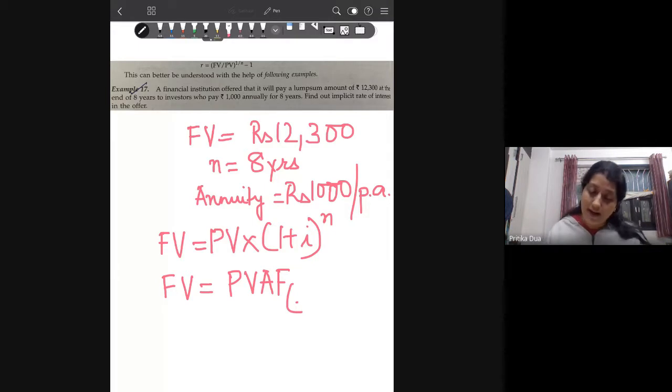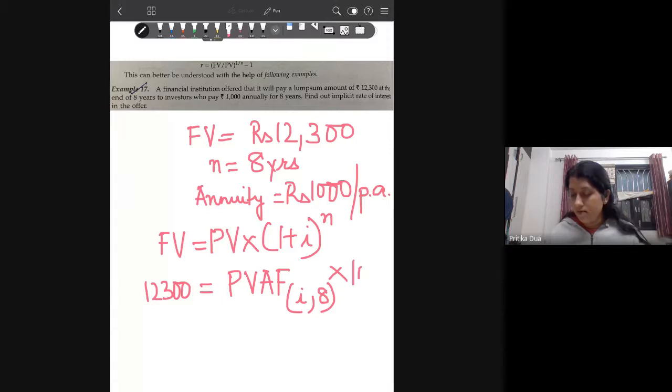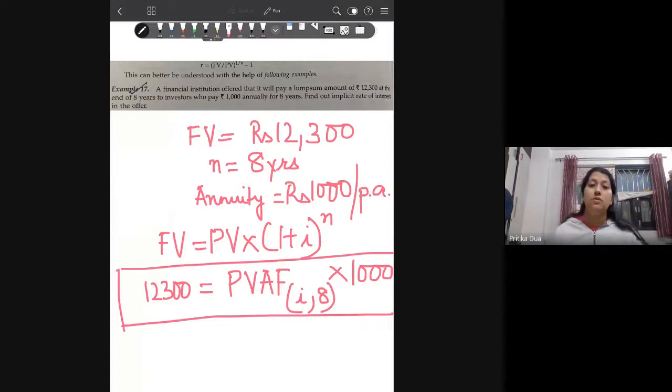So I write here i% and 8 years. This is what my formula comes to be. My annual cash flow is 1,000 into the annuity factor, because this is an annuity for 8 years. This will grow to rupees 12,300 in 8 years.